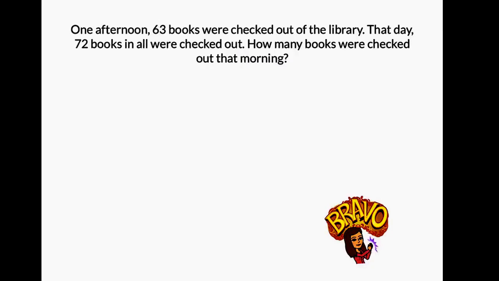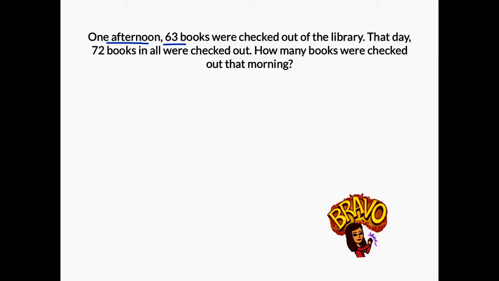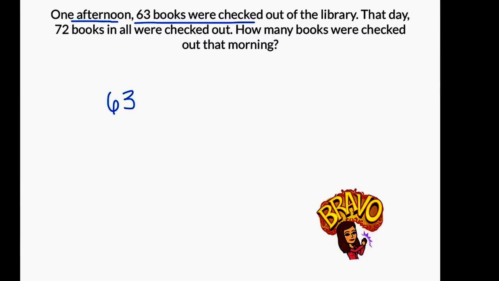This one talks about how in the afternoon, 63 books were checked out. So 63 books. Then it gives us the result already by saying that day, 72 books in all were checked out. So I know somewhere over here, I need to equal 72. The question is, how many books were checked out in the morning?